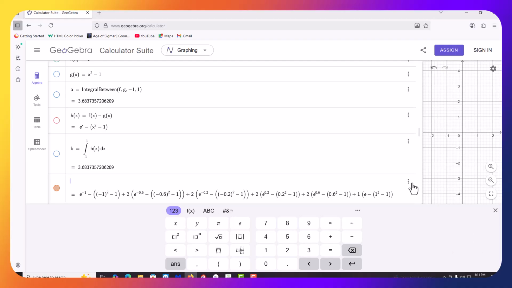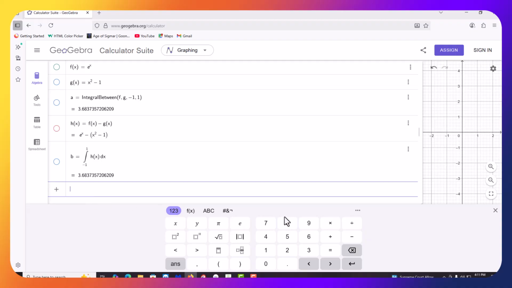Okay, let's just redo this. And it's good that you see that mistakes happen and we have to start over. Okay, h of negative 1, plus h of negative 6/10 plus 2 times h of negative 2/10 plus 2 times h of 2/10 plus 2 times h of 6/10.